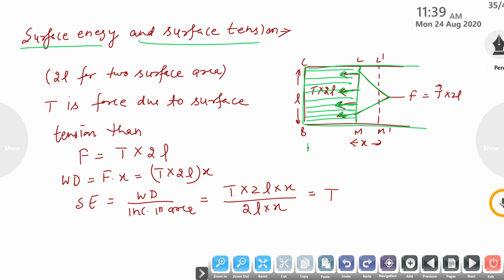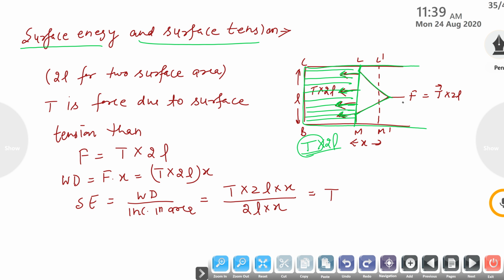If the liquid has surface tension T, then the force is given by surface tension per unit length, and as the wire has length L and it has two surfaces, one on the upper side and the other on the lower side, two free surfaces, we have to multiply by 2L.